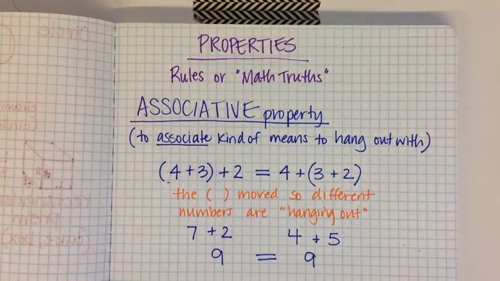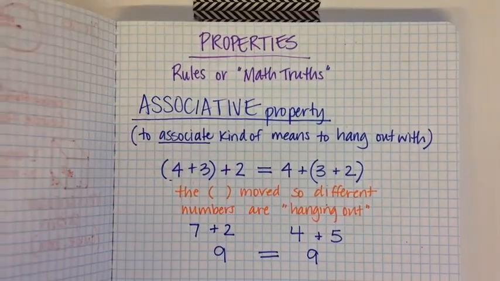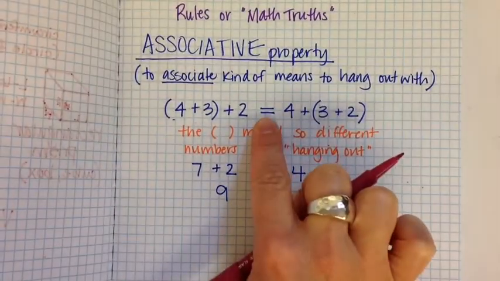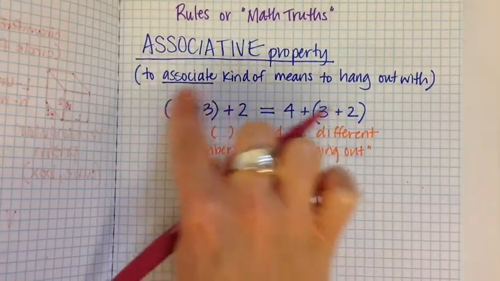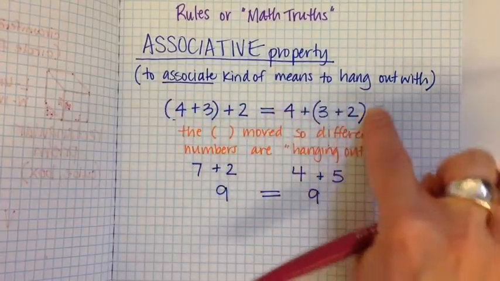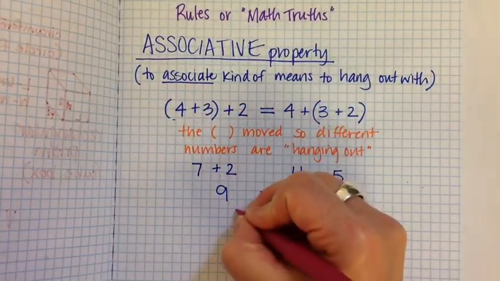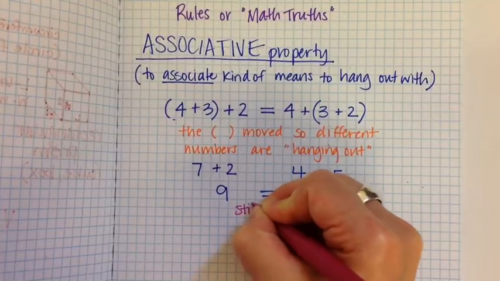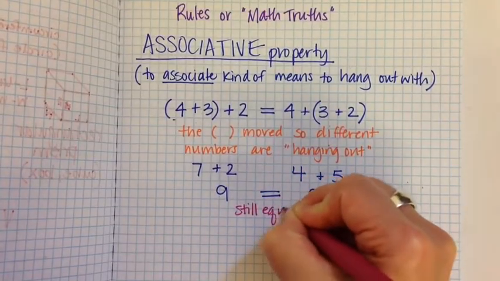So they are still equal. Right? So it didn't matter that I changed where the parentheses were, I still get the same amount. So that's what this symbol means right here. This expression here is equivalent or equal to this expression here. So still equal.